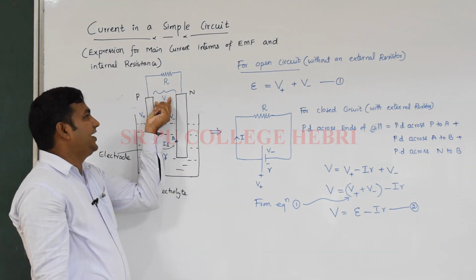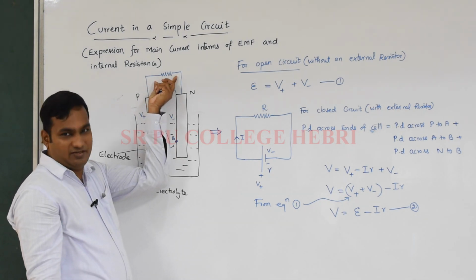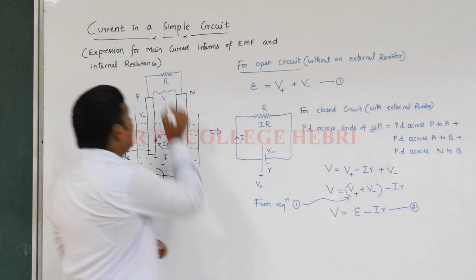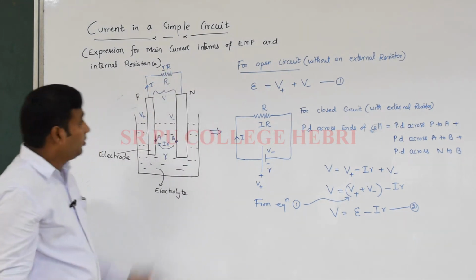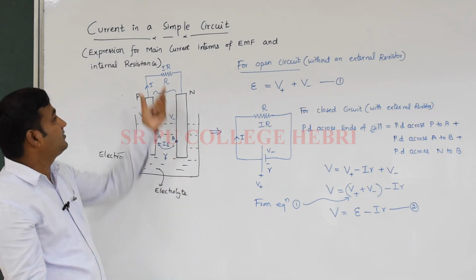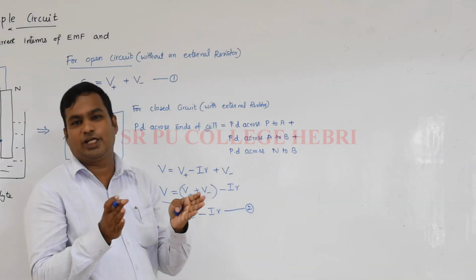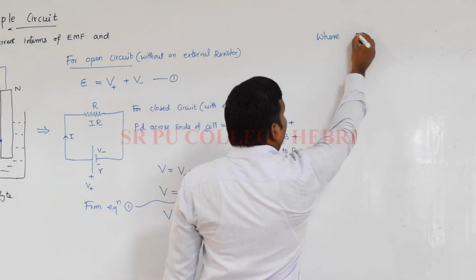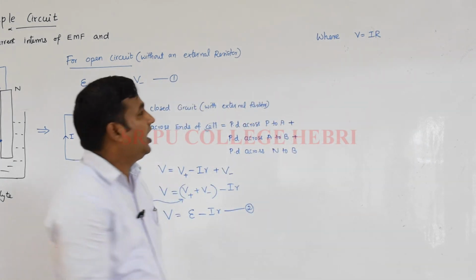Across the ends, we provide the resistor R. Automatically the potential difference here becomes I into R. Here also it becomes I into R by drawing the current I. Automatically the potential difference between the ends of the cell becomes I into R, that is V is equal to I into R. I clearly said V is equal to I into R.